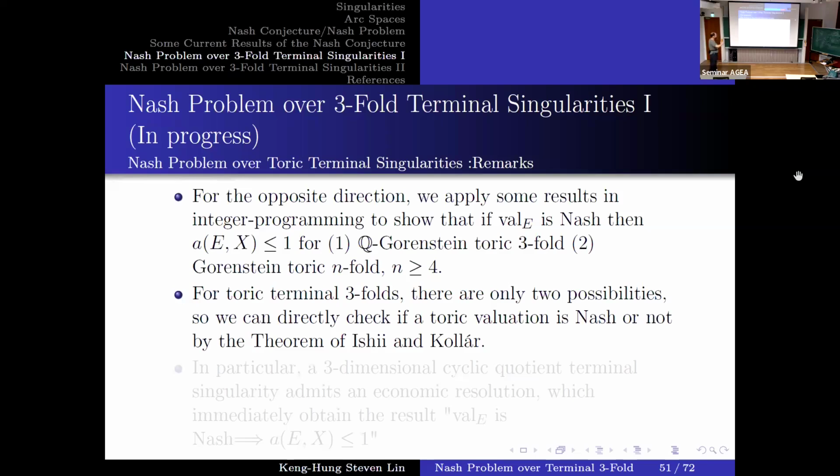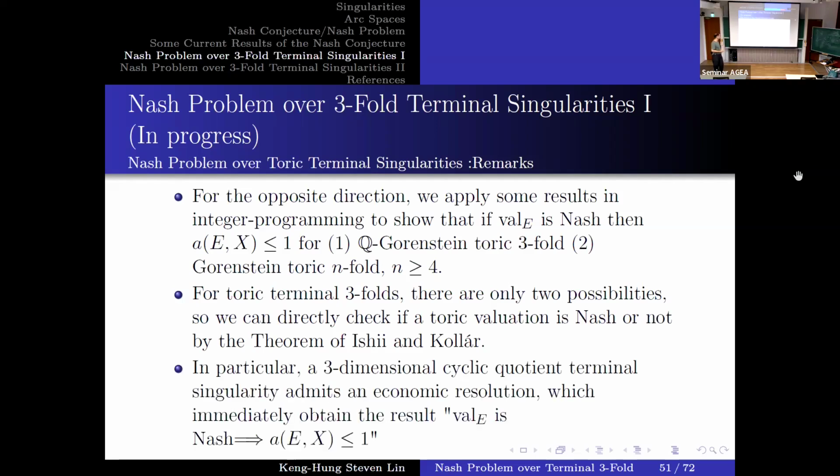But for toric terminal 3-folds, there are only 2 possibilities, right? One is a cyclic quotient, the other one is the affine cone of P1 times P1. So the problem can be manually checked by hand.